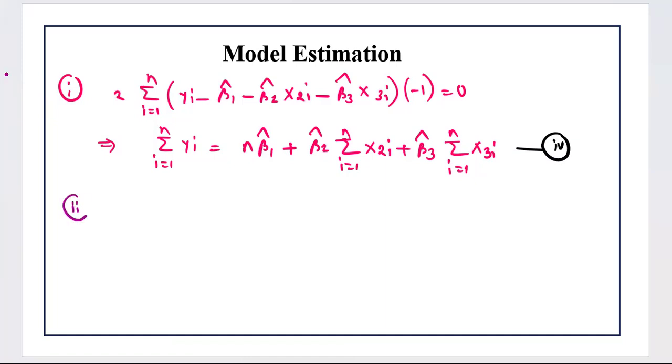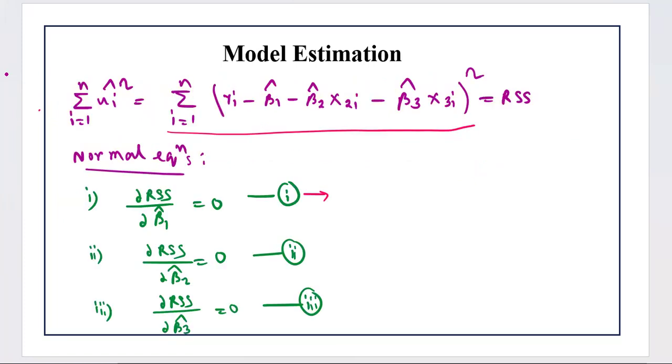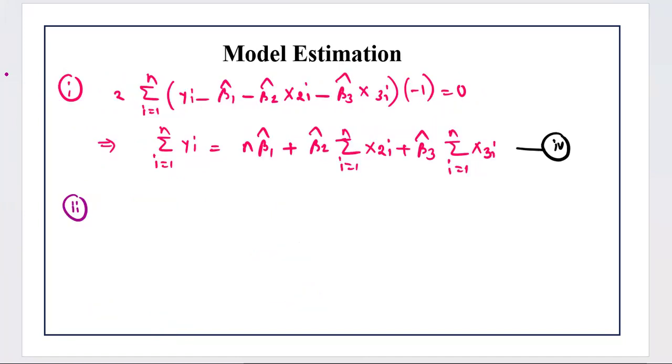Now from the second normal equation, I have to partially differentiate the RSS with respect to beta 2 cap. If you do that, what will you get? 2 summation i from 1 to n of yi minus beta 1 cap minus beta 2 cap x2i minus beta 3 cap x3i, and then by the chain rule you will have another term. The coefficient of beta 2 cap is minus x2i, and this equals 0. So you can do it along with me manually so that the concept becomes clear.